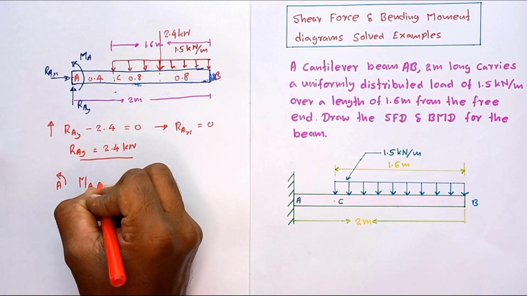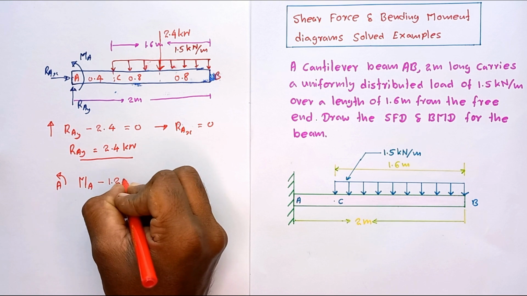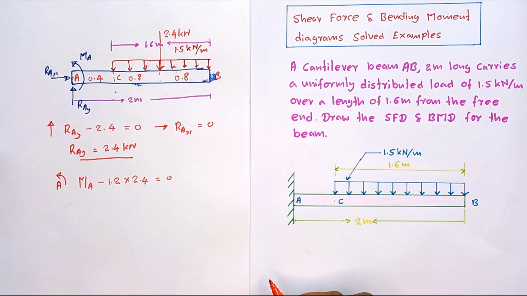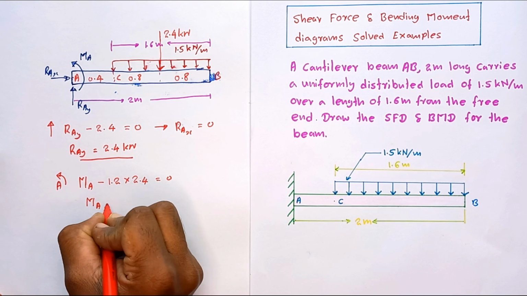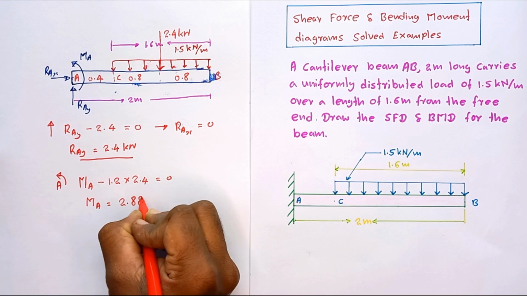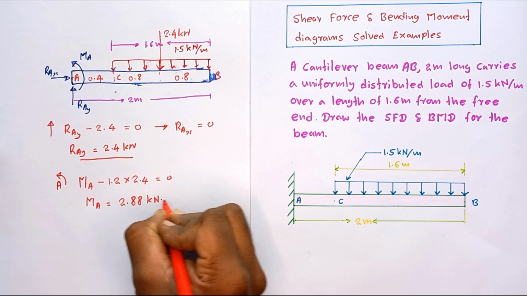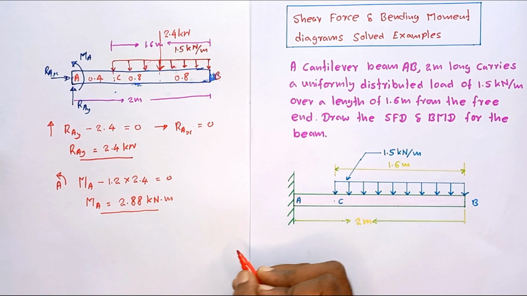The direction is clockwise, so MA minus 1.2 into 2.4 is equal to 0. So then MA is equal to 2.88 kilonewton meter. This is the moment produced by the fixed support.